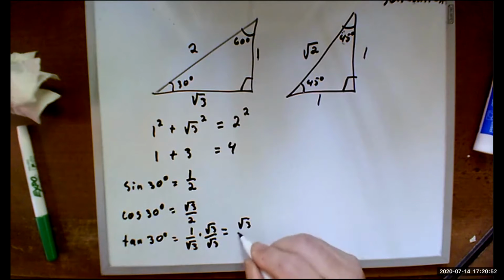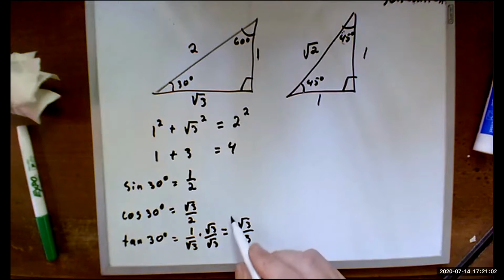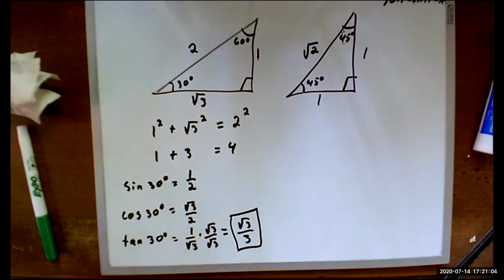So it often gets represented as, in fact, root 3 over 3. It's exactly equivalent to 1 over root 3, but for reasons of convention, they prefer it if we don't put the radical on the bottom. And we'll talk about that more when we deal with radicals. If you forget between now and then and end up using 1 over root 3, I will not penalize you. It is ultimately the same thing.